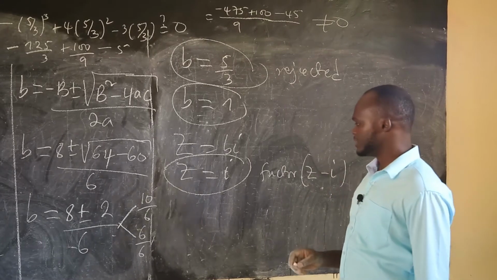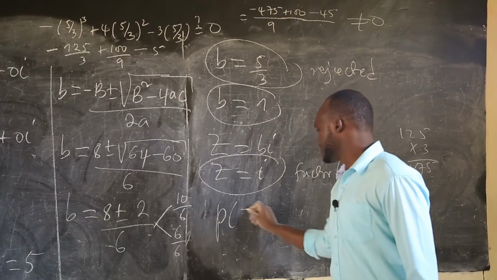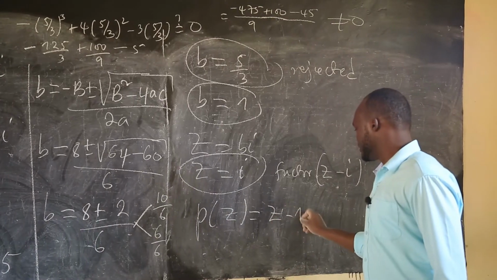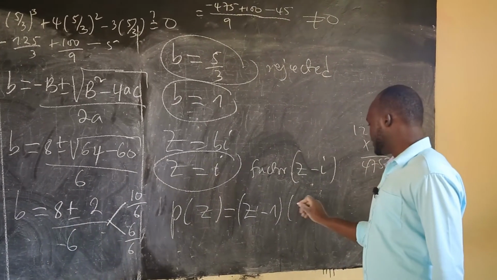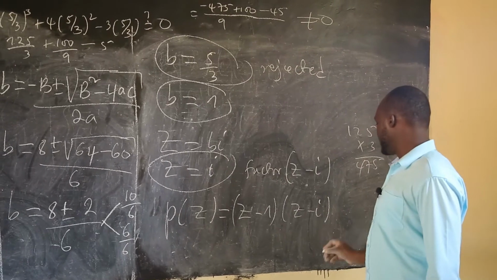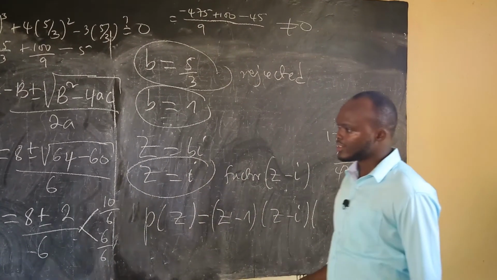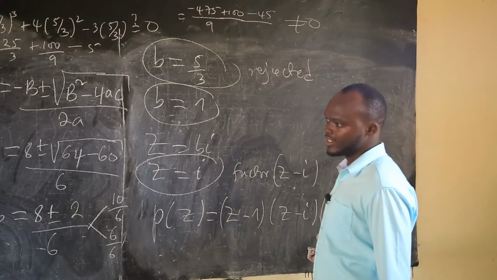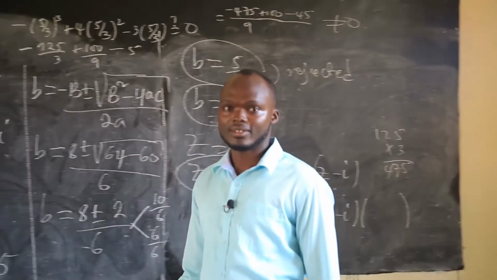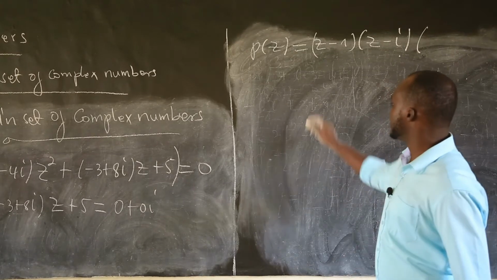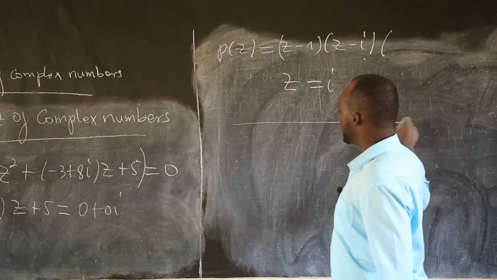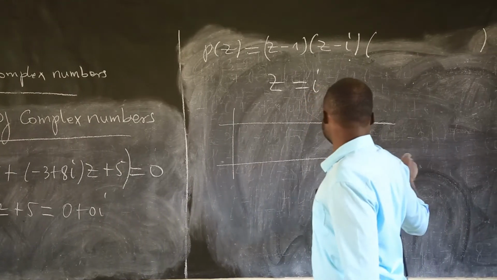This is a factor, so meaning that P of z will be equal to (z minus i) times another factor, which we are going to find. So we confirm that z equal to i, so let us use it to find the other roots.